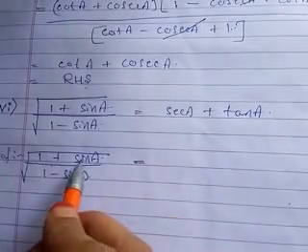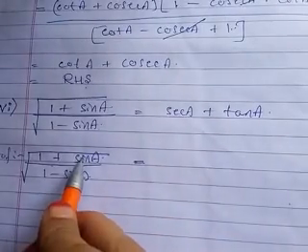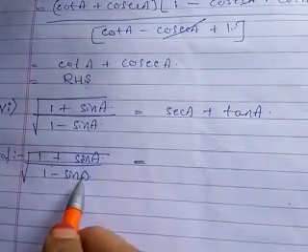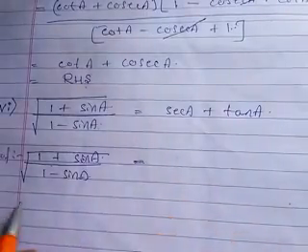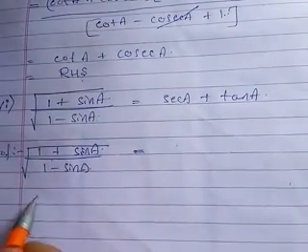If we multiply and divide by 1 plus sin A, then we can remove the square root.